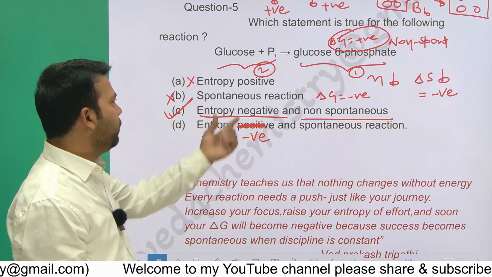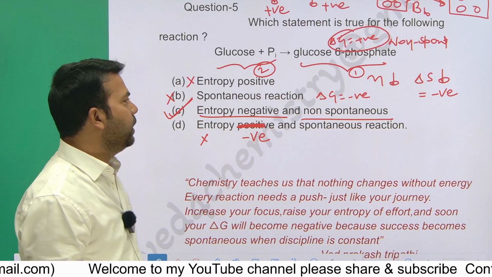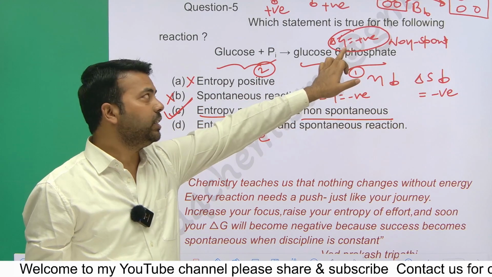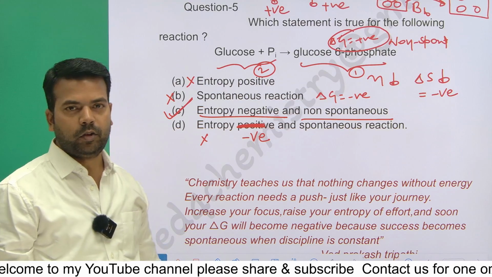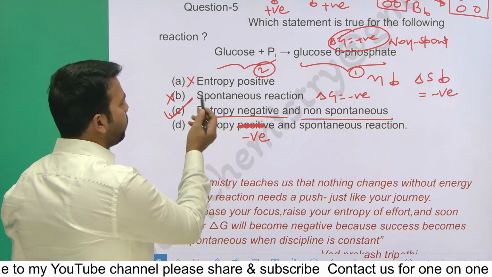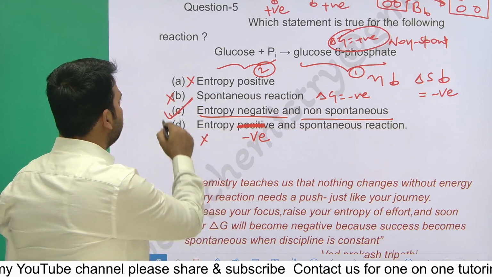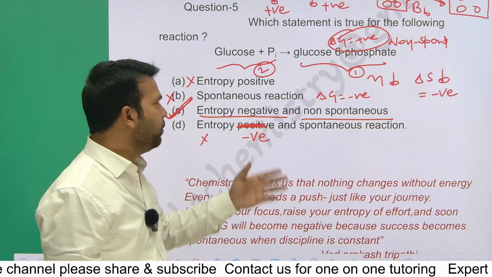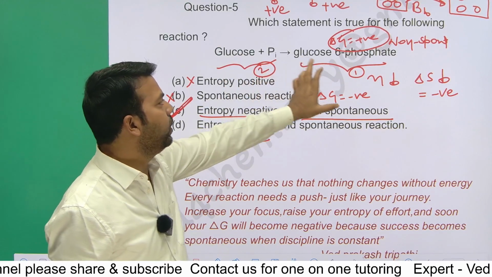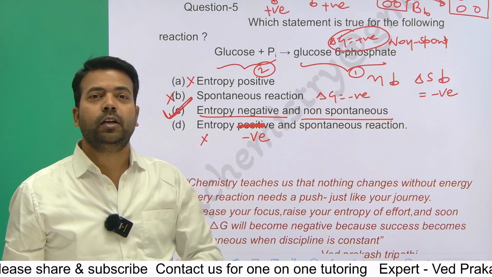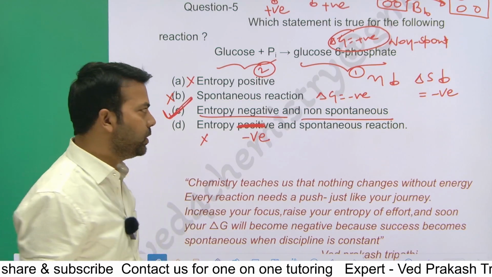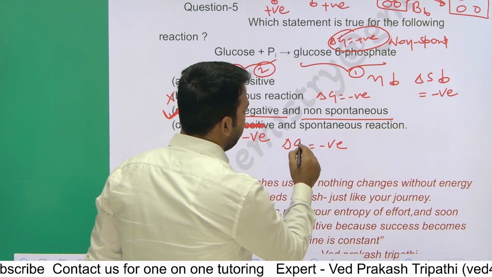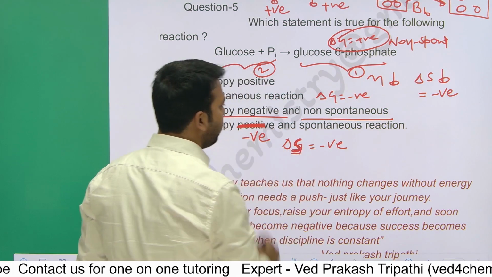Clear? If the reaction is spontaneous, it means delta G should be negative. But in the given question delta G is positive, which is given in the data. So this question is absolutely correct. So answer C for question 5. It makes sense. Again, listen to me. For this reaction, moles decrease, so entropy decreases. So delta S is going to be negative.